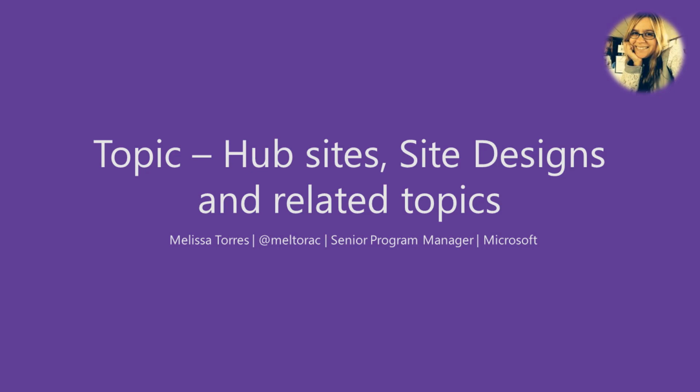Then there was a comment related to hub site content type syndication replacing the classic site content type hub. So how does that relate between each other? Great question. You guys probably heard that Sean Squires talked about that a little bit at Ignite.